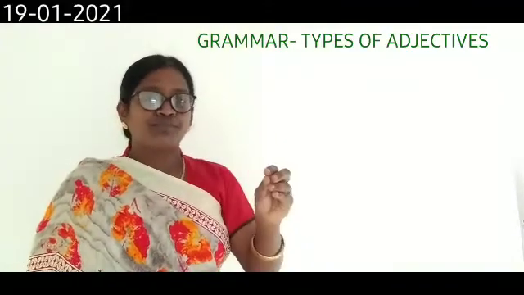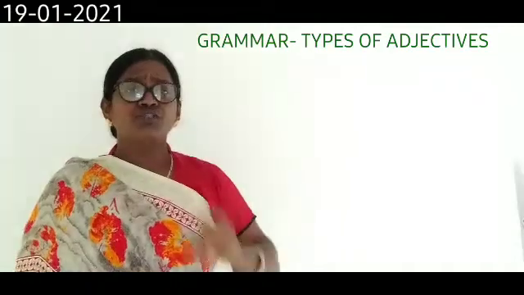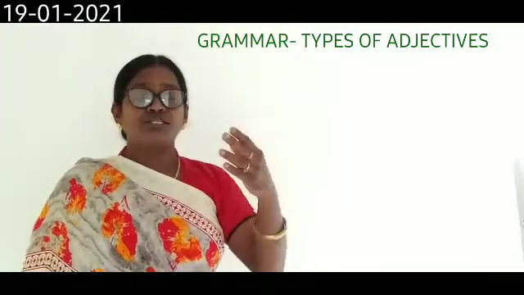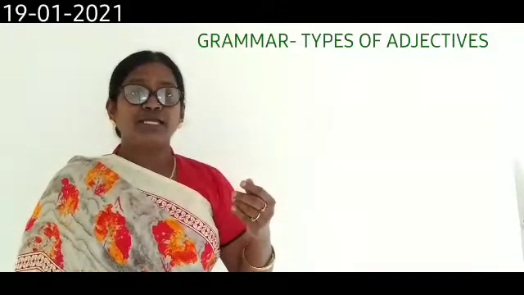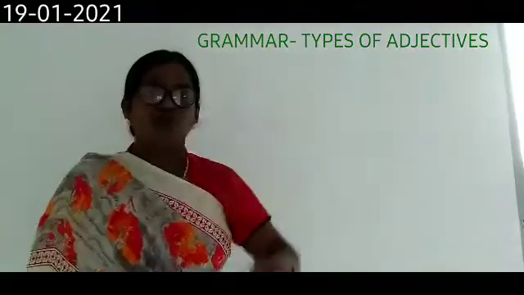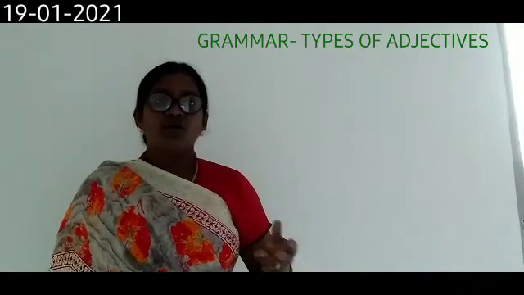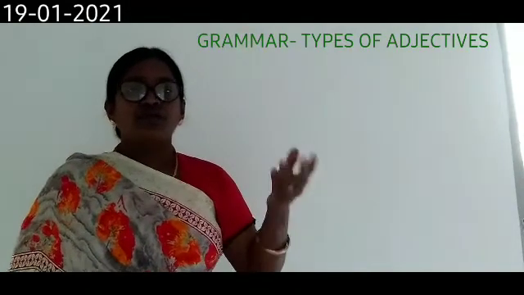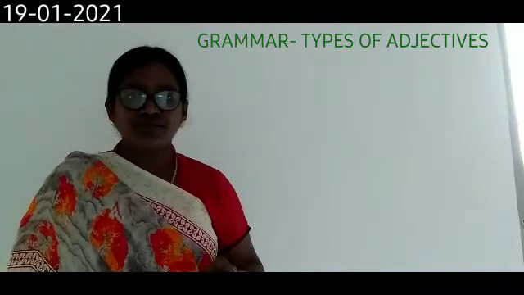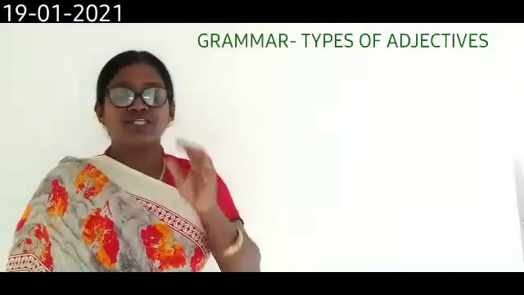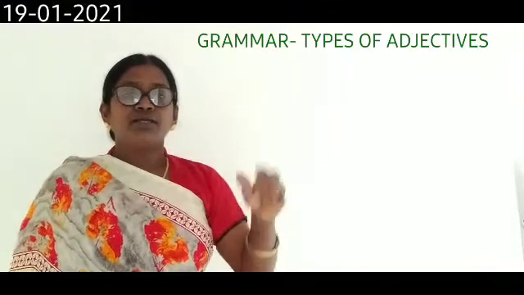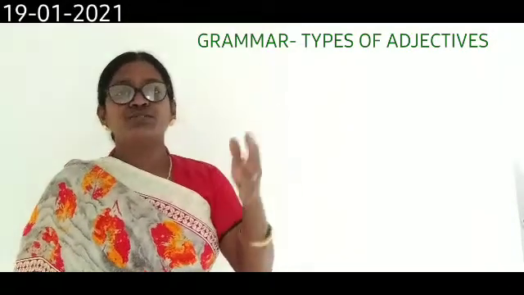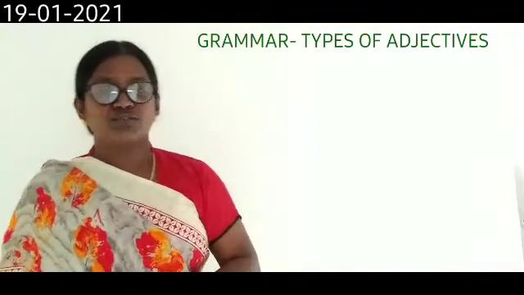Adjectives are used before nouns or pronouns in order to explain them, or qualify them, or quantify them, and also sometimes demonstrate them. In order to demonstrate a noun or a pronoun, you'll be using a demonstrative adjective. And here, in order to ask certain questions, sometimes we are using interrogative adjectives also.